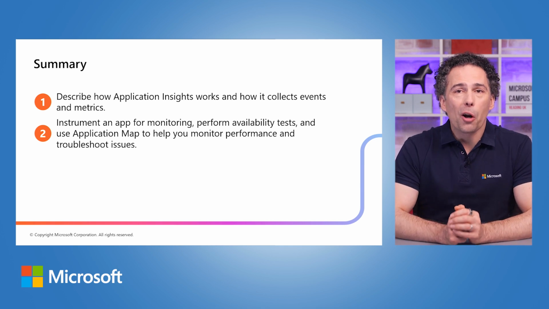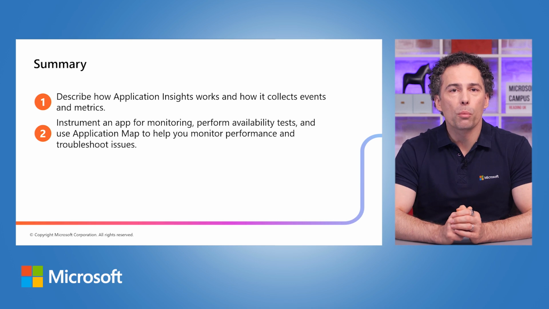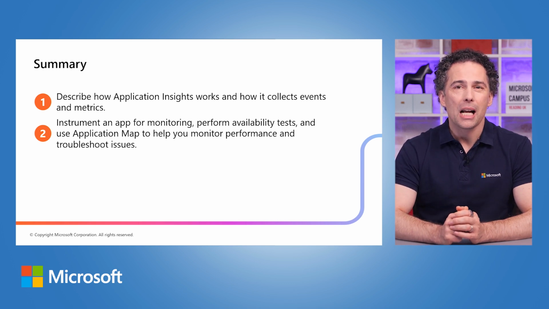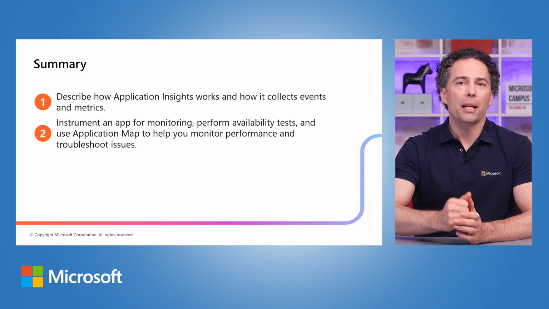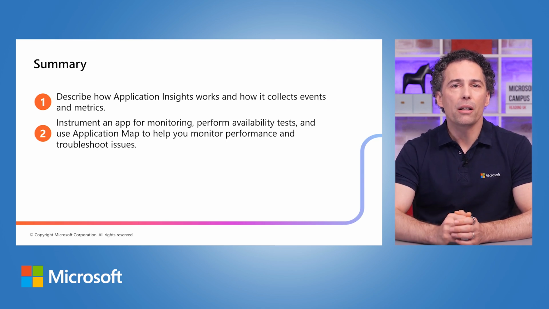You have now unlocked the power of Application Insights for monitoring and enhancing the performance of your applications. By using its tools and capabilities, you can gain valuable insights into application behavior and optimize performance and stability. With Application Insights, empower your team to deliver exceptional user experiences and drive continuous improvement in your applications.